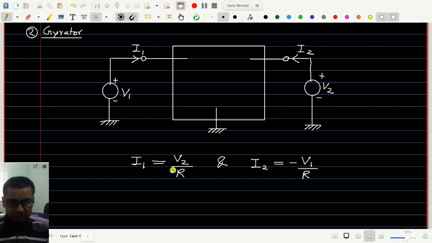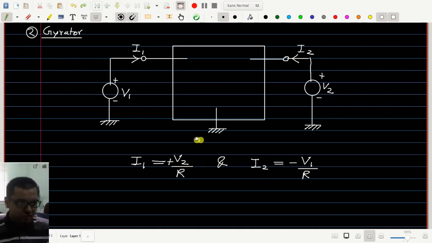The constant here and here are same. Notice that in one of these two equations I have plus sign, and in the other I have minus sign. It could be the opposite way also, that is minus here and plus here.